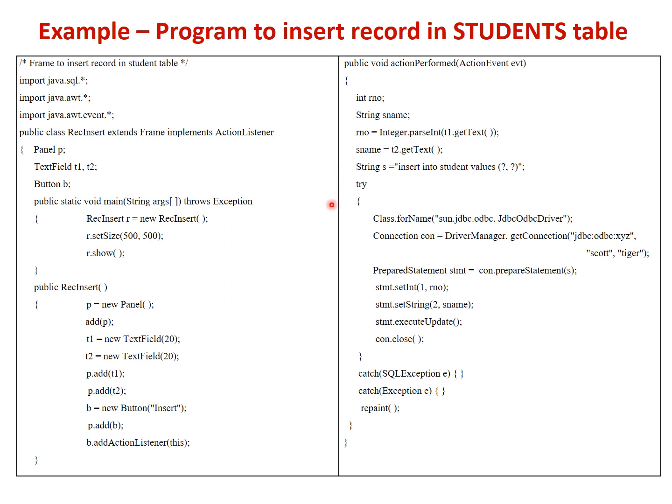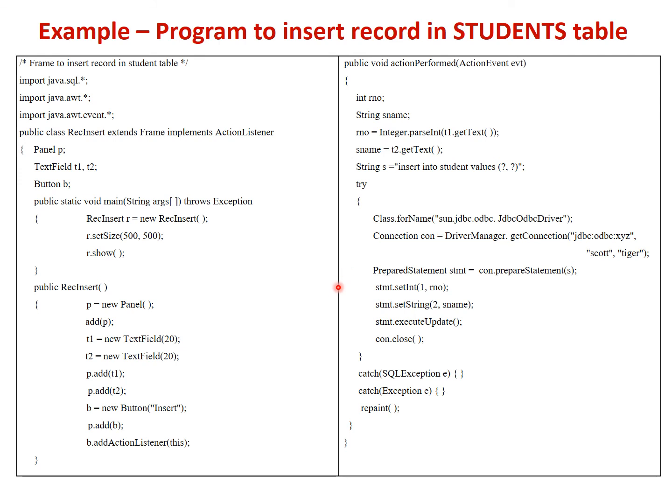Then we are loading the driver object. After this we are defining the connection object, and then by using the PreparedStatement class we are defining one instance stmt, and then con.prepareStatement(s).